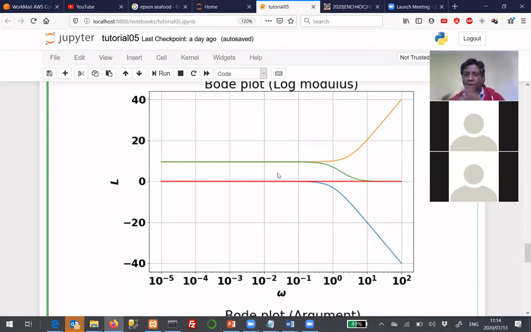We can break down our G function into numerator and denominator, and we can split up each of those polynomials and then just plot them out on this L versus omega graph. And so we can easily figure out what our function actually looks like. So plotting s plus K either as a numerator or a denominator, it just means there's going to be a flat part and there's going to be a part that goes up or goes down.